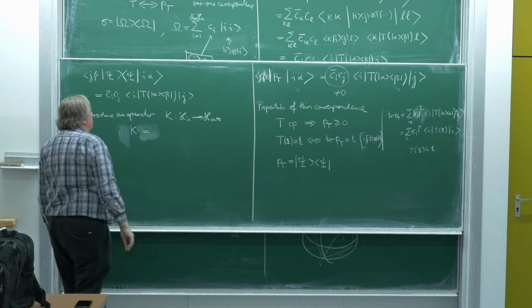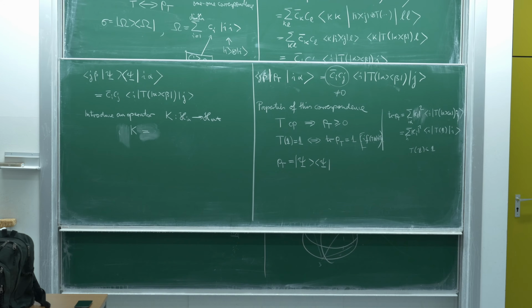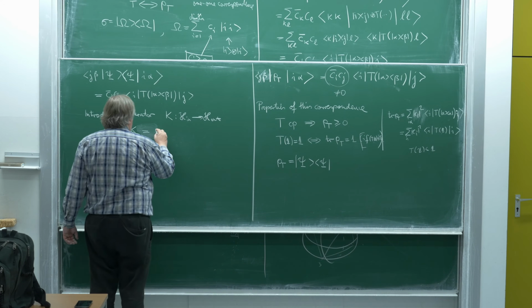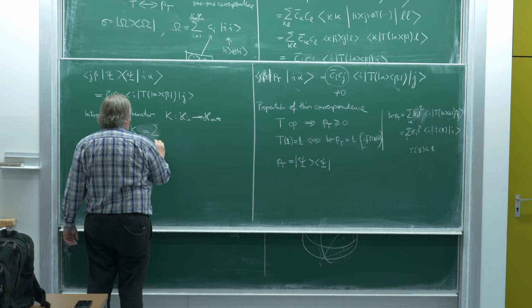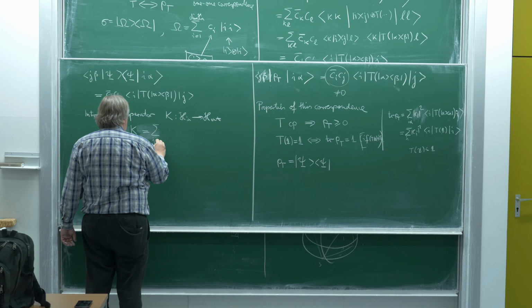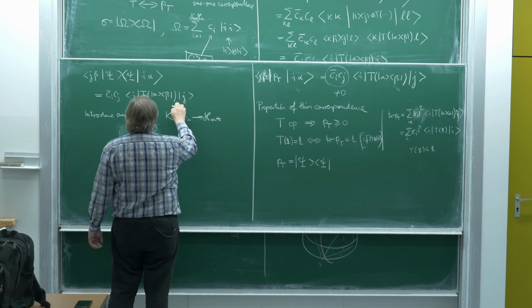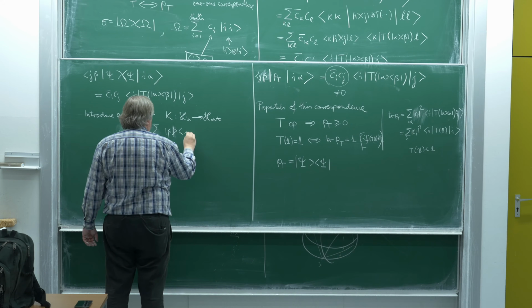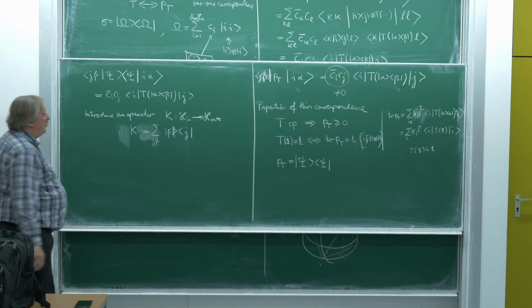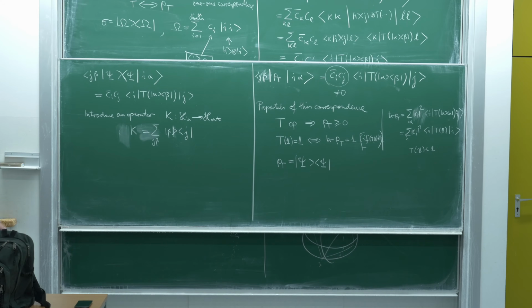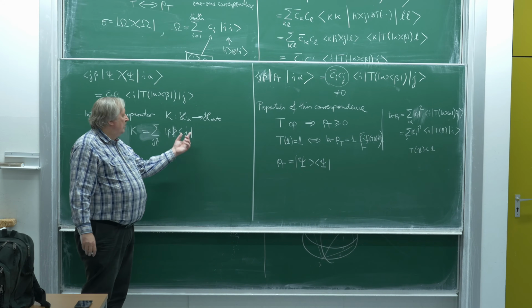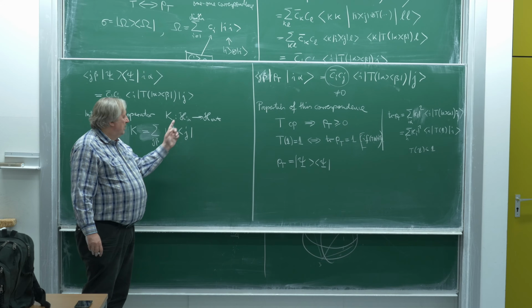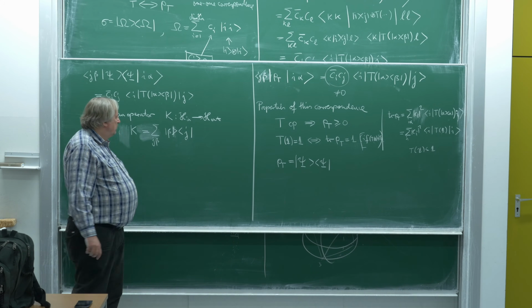So K is the sum over j and beta. I want the beta out here because it's an operator to H out, and a j here. Right, so it's an operator between two different Hilbert spaces. So this will be a bra from H in, and this is a ket from H out.